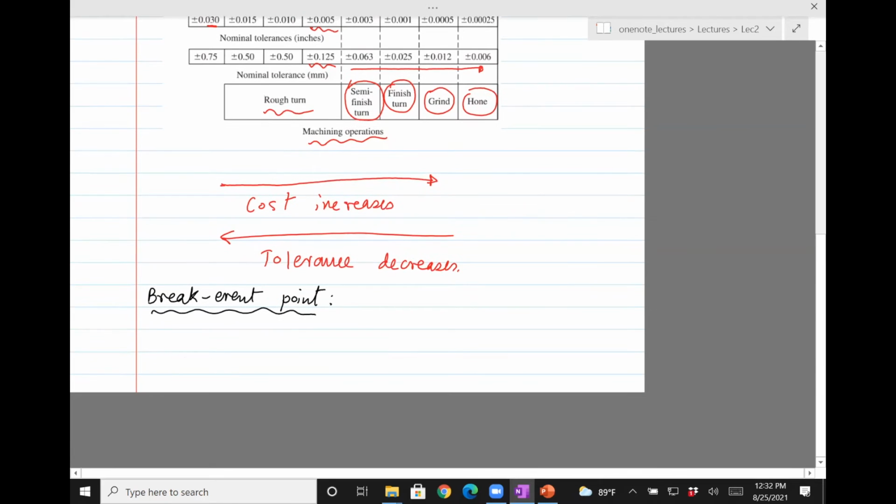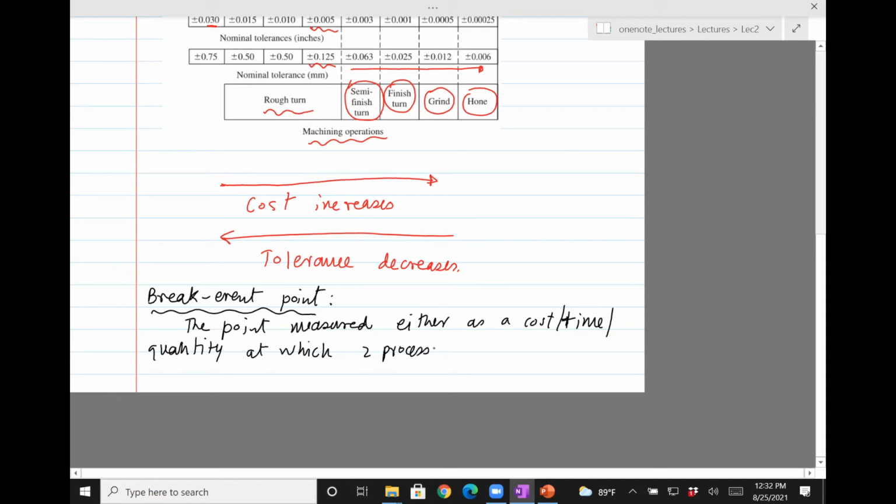So the way I'll define break-even point is the point, measured either as a cost, as time, or basically cost or time, maybe cost, time, and quantity, at which two processes have the same return.